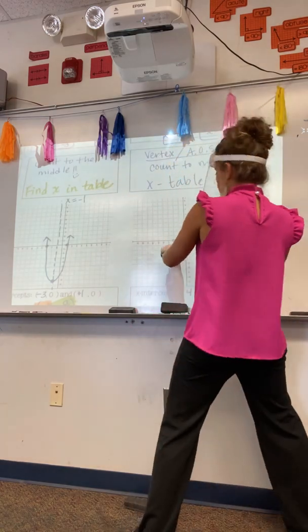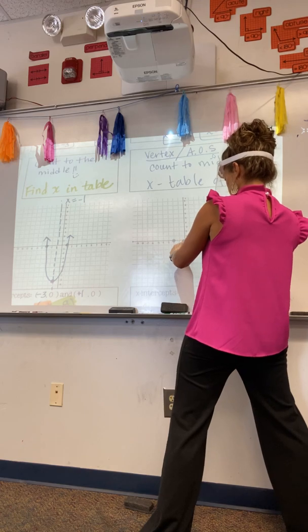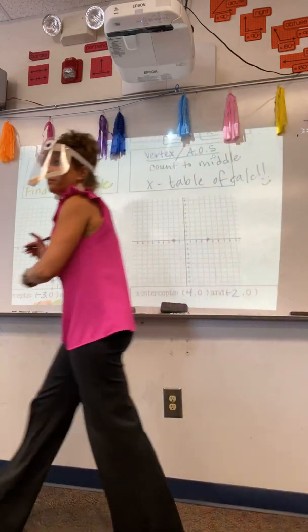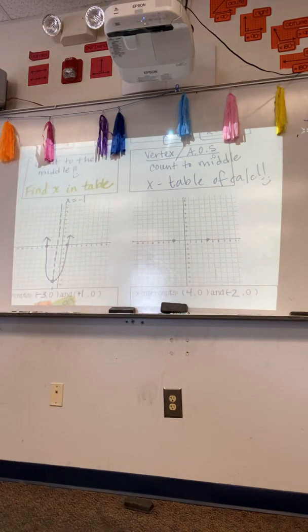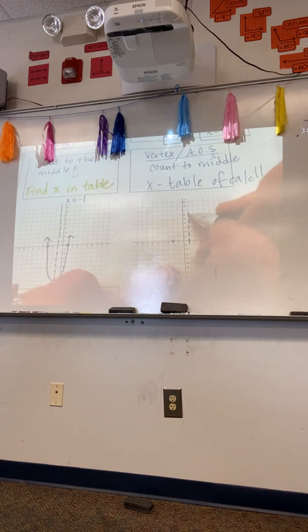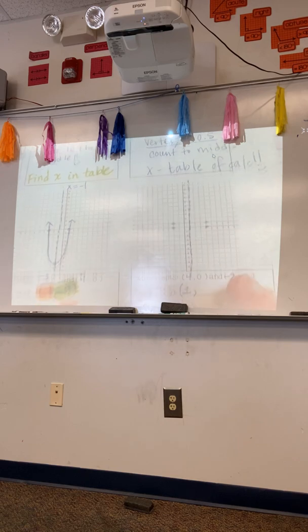We're going to put it on there, and then we're going to count to the middle. Where's your middle at? Can you tell? Count to the middle, and your middle is at 1. So draw your axis of symmetry. Axis of symmetry is at 1. That means the x value of my vertex is at 1.